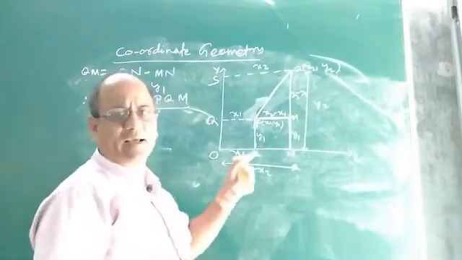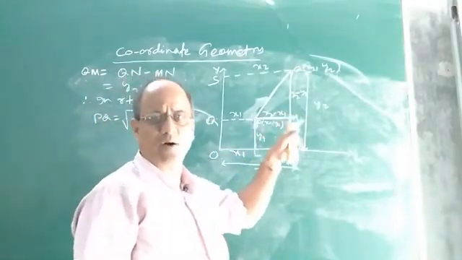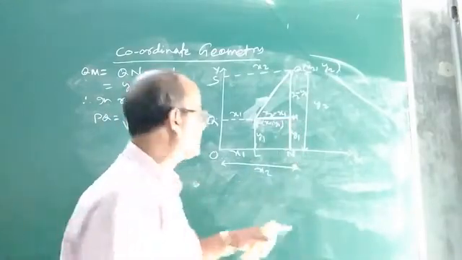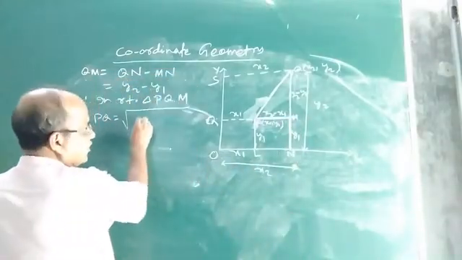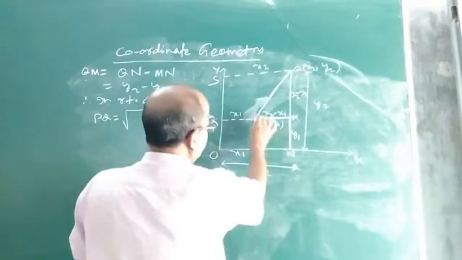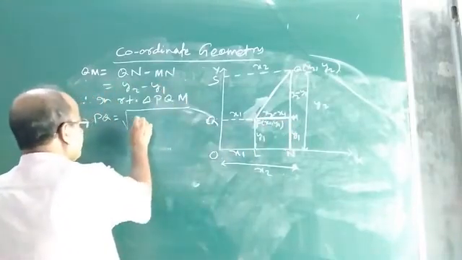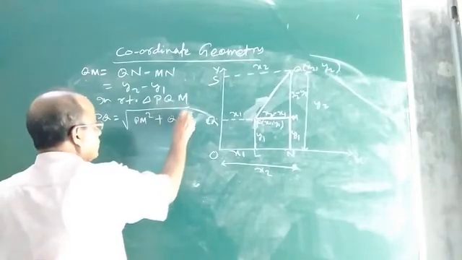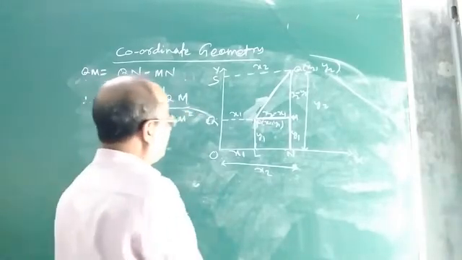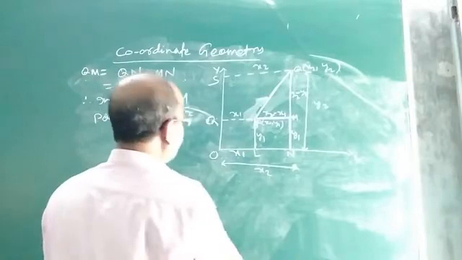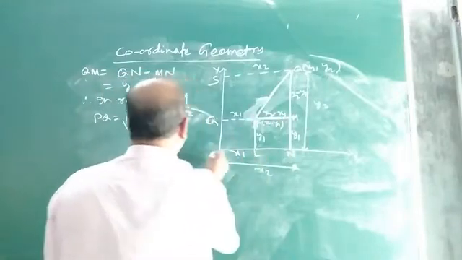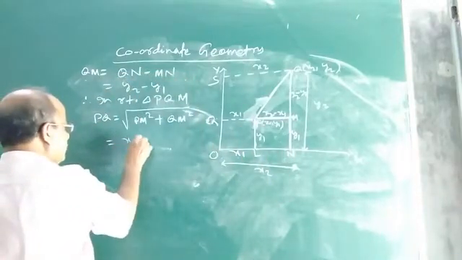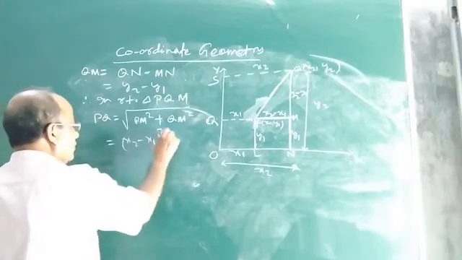You know, in a right triangle, the square of the hypotenuse is equal to the square of the perpendicular plus the square of the base. That means PQ squared is equal to PM squared plus QM squared. Now what is the value of PM? PM is x2 minus x1, whole square.